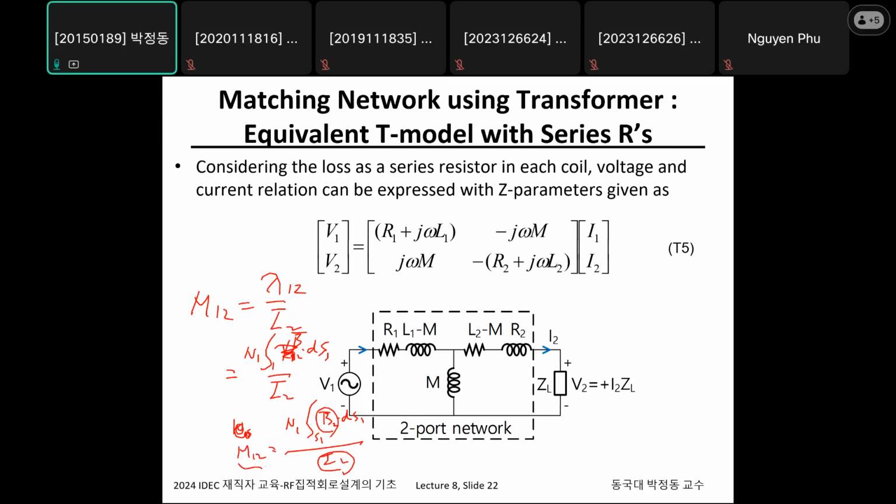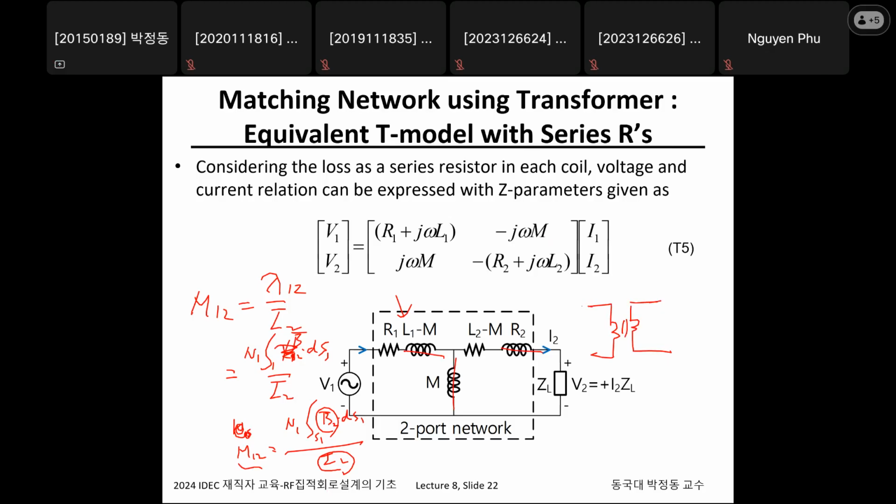However, what I want to say is, if you want to use the T network, this cannot be applicable in DC. Why? In DC, this is a short, this is a short, everything is a short. But in a real circuit, this is open.